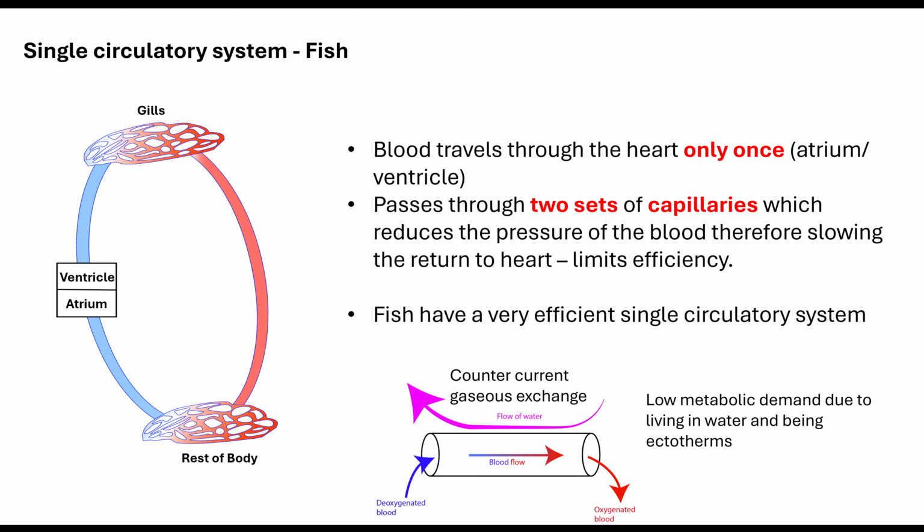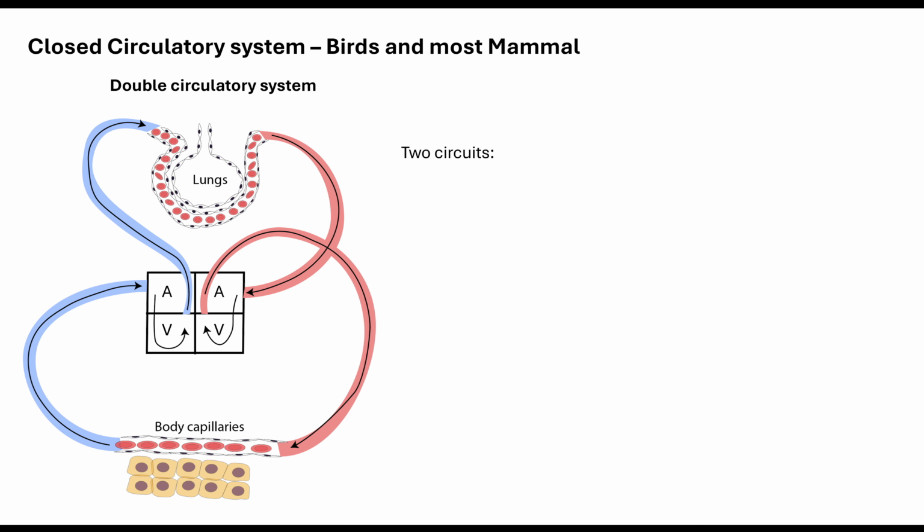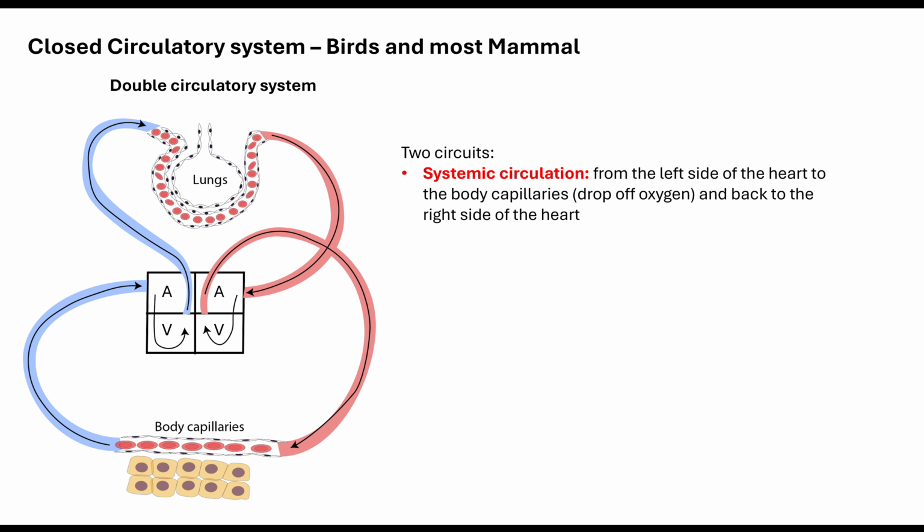So if we look at a closed circulatory system and we look at the birds and most mammals, we need to discuss the fact that they have what's known as a double circulatory system. So the fact that it's a double circulatory system is because there are two circuits. The first circuit, which is the systemic circulation, goes from the left side of the heart to the body capillaries, where the oxygenated blood is going to drop off the oxygen, and then the deoxygenated blood is going to travel back to the right side of the heart.